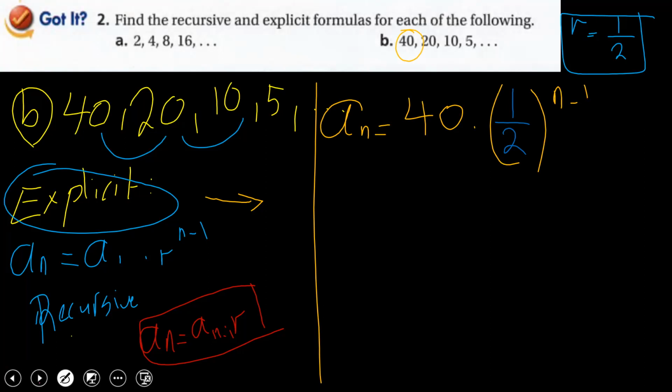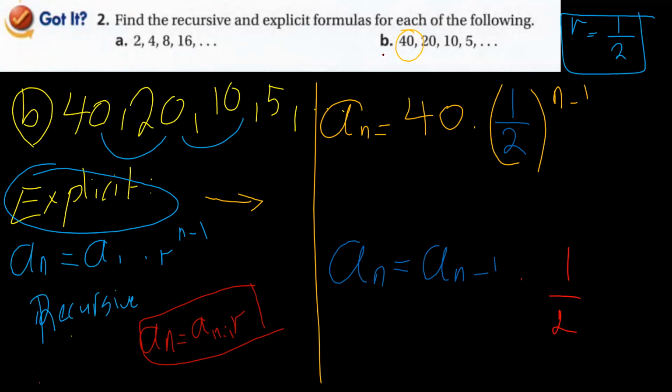This will be an explicit formula. What about the recursive? It is A sub n equal to A sub n minus 1 times R, where R is half. So this will be an explicit and recursive formula for the geometric sequence.